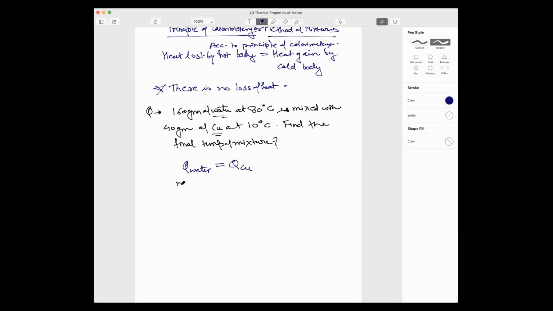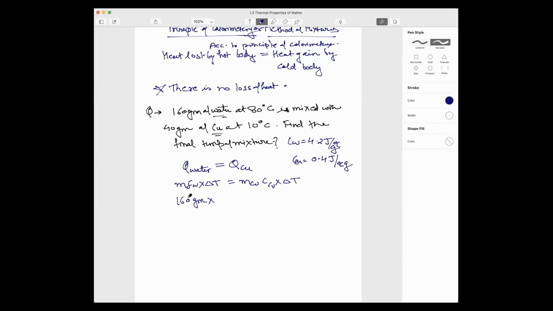So this heat is m c delta T for water, and this is mass of copper into specific heat of copper into delta T. The mass of water is 160 gram. Specific heat of water is 4.2 joule per gram per degree centigrade, and copper is 0.4 joule per degree centigrade per gram.